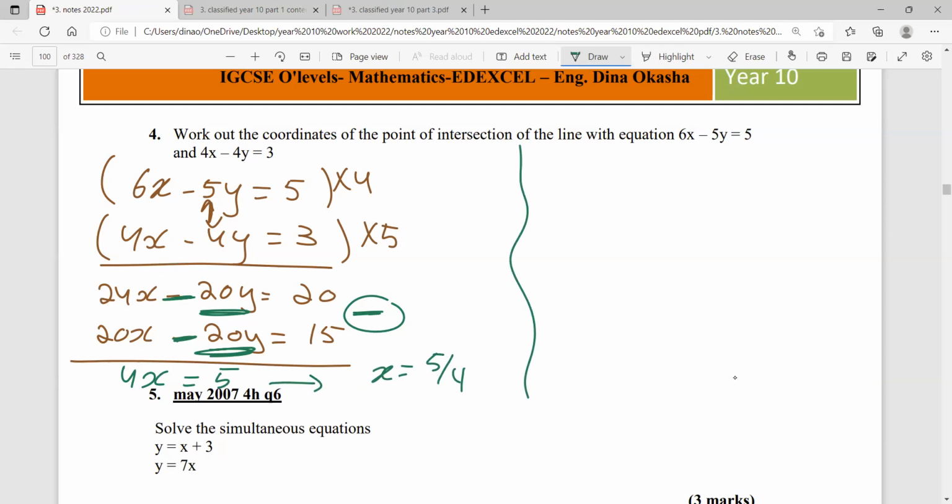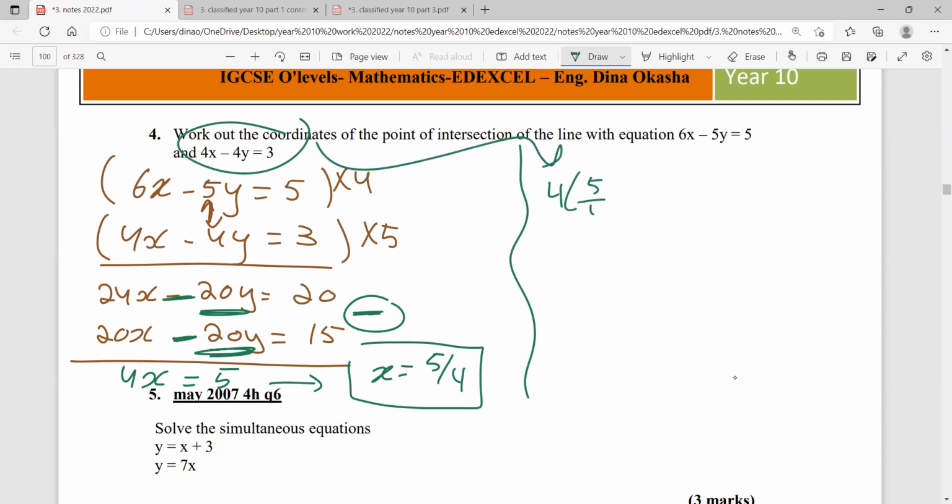And expect these numbers, it's fine, they don't have to be whole numbers; they can be fractions. To find the value of the y, you know the procedure. I'll choose this equation and substitute inside it: 4 times 5 over 4 minus 4y equals 3. And you solve normally and find the value of the y.